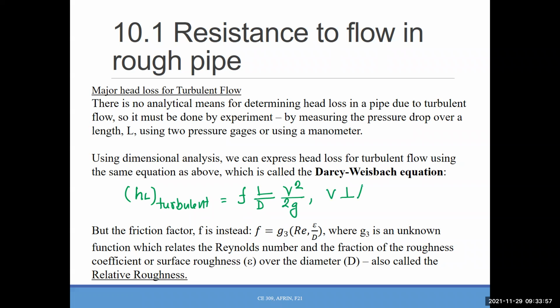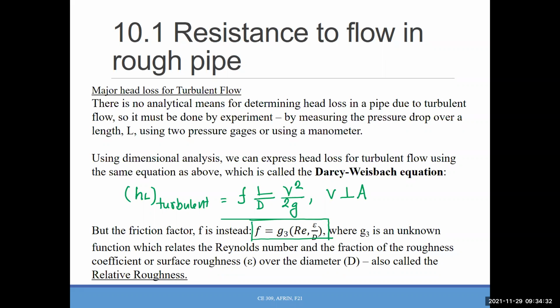V is perpendicular to A, and f is the friction factor, but this time the friction factor is a function of Reynolds number and epsilon over D. That means it will depend on fluid friction, and at the same time fluid-solid friction also. And you can see why turbulent flow is difficult, because it depends on so many things.